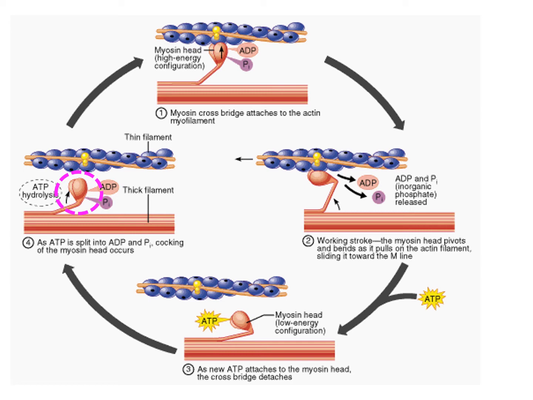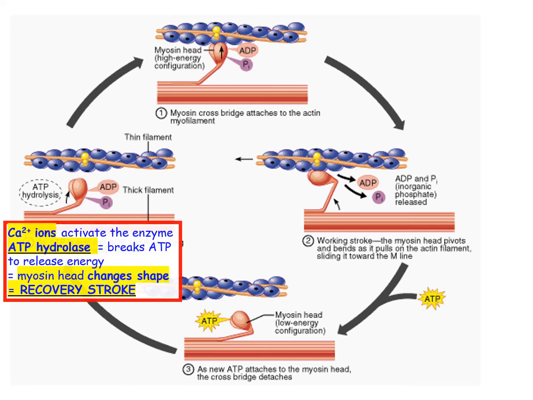So one of the roles of calcium in muscle contraction is to actually activate an enzyme called ATP hydrolase. And it's this enzyme that breaks down, or hydrolyzes, the ATP into ADP and Pi, which causes the myosin head to go into a cocked or an active position, and this is called the recovery stroke.